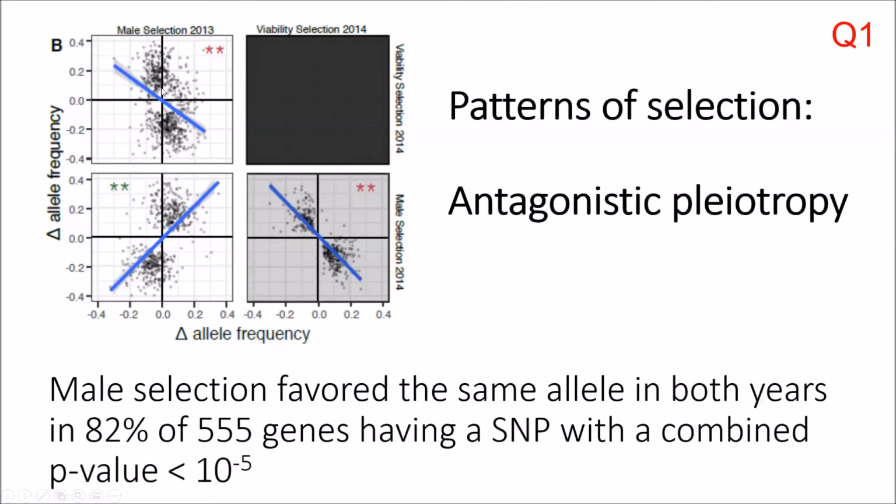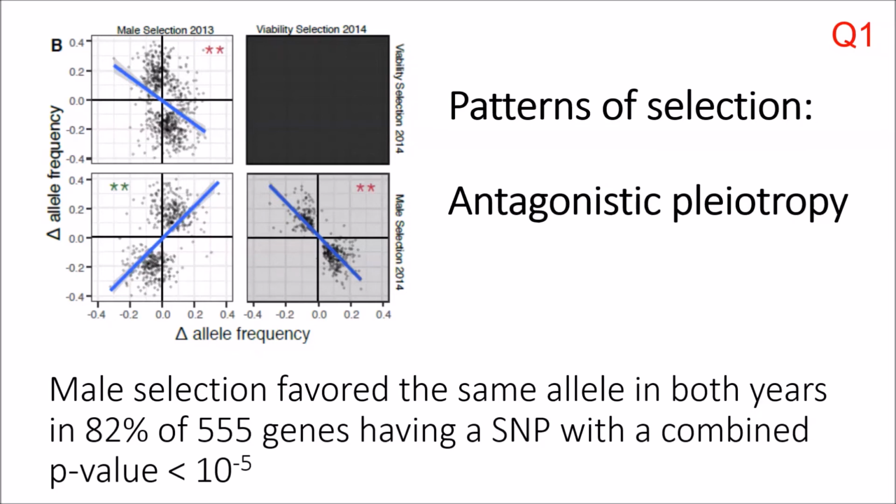And what you can see is that there's a strong negative relationship between male selection in 2013 and viability selection in 2014. Alleles that tended to increase differential male success in 2013 tended to reduce the probability that you would survive to flower into the next year. And this, in some sense, is completely consistent with the big fat or the big slow, small fast pleiotropy that I mentioned from the GWAS study.